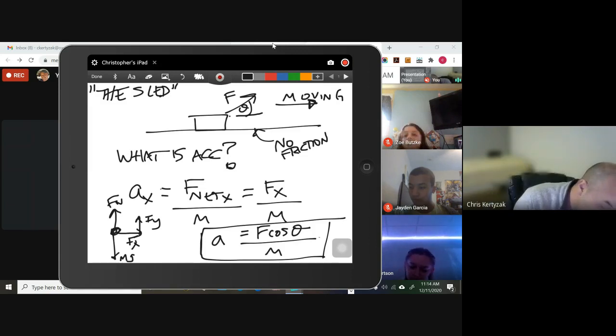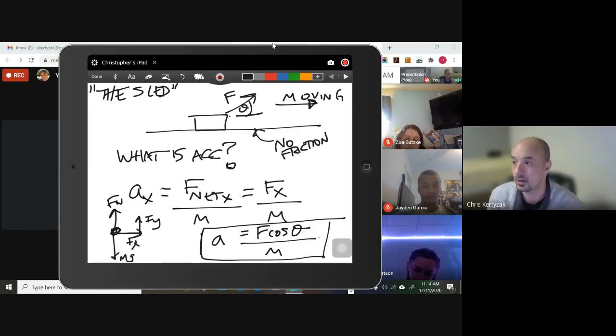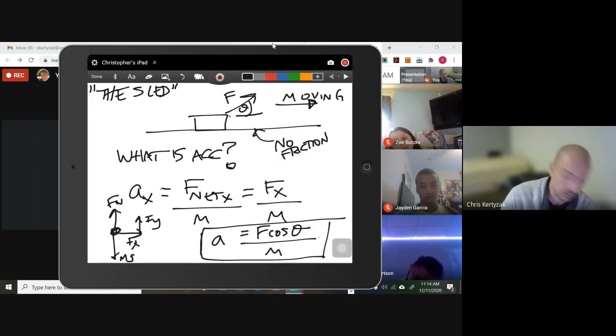Now, I want to point out, what if there's friction? That's what's going to be your homework problem. It's going to be harder than this, still doable. Knowing that if there's friction, which way would the friction force point? To the left, right? This thing is sliding across something frictional.